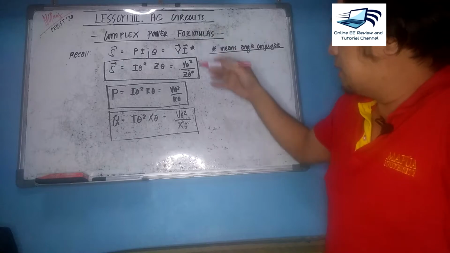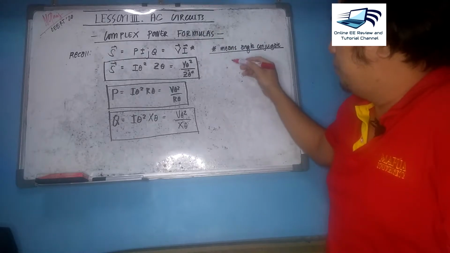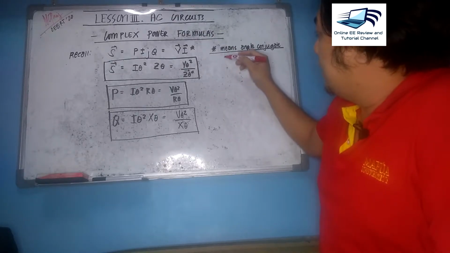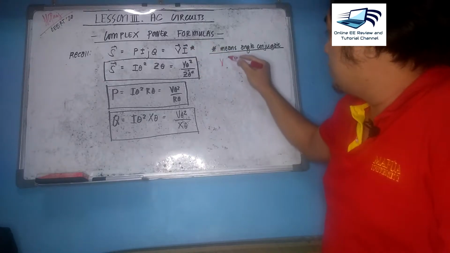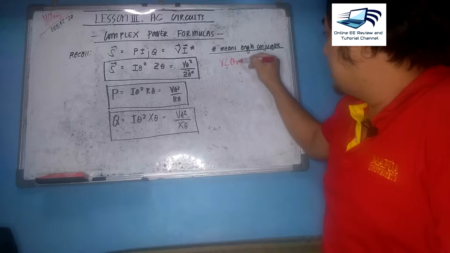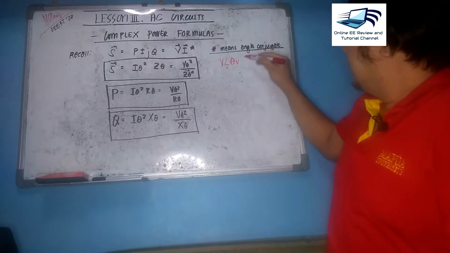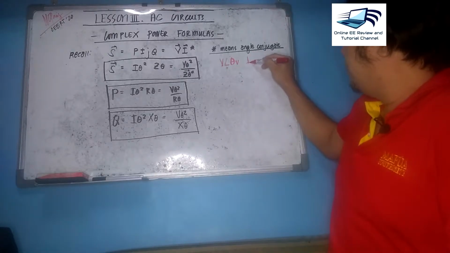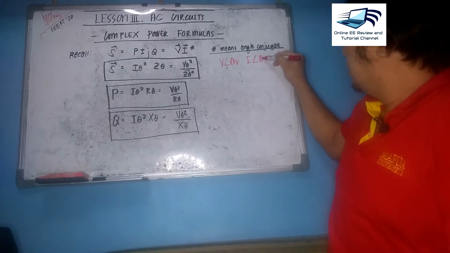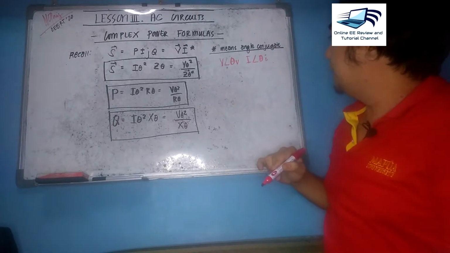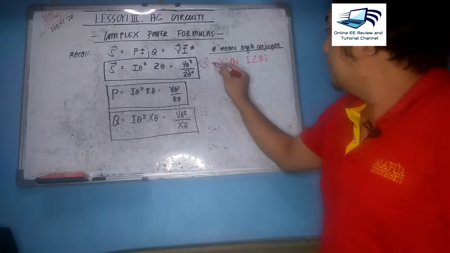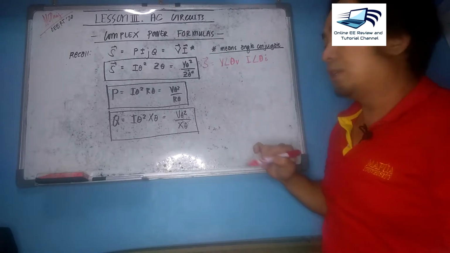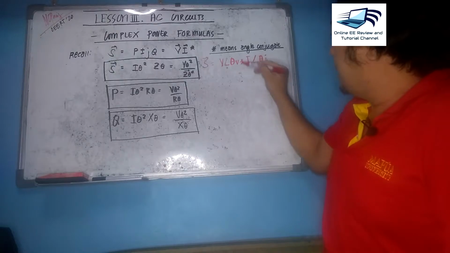Okay, let us have a brief example here. When you say voltage phasor, that is V with angle theta V, and V is the magnitude. Then you have your I with angle theta I. Now that composes your S, and then you need to multiply.